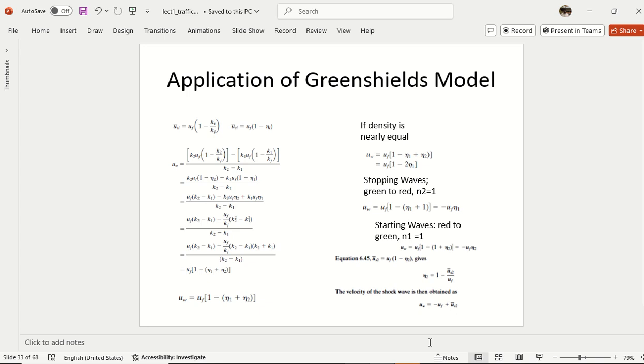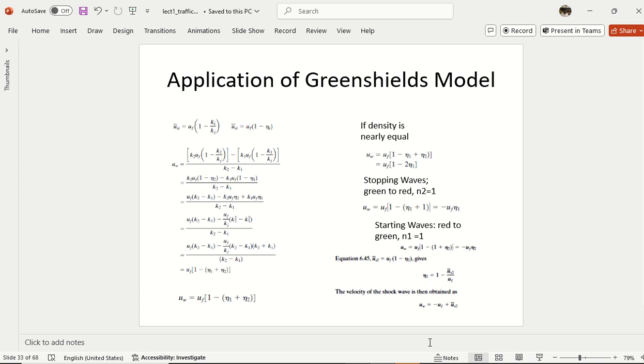Flow, which is Q, equals density into speed. Remember there was an equation relating Q and K.